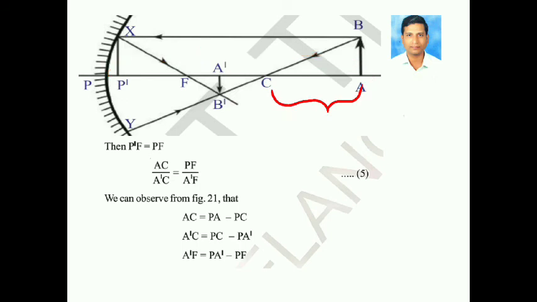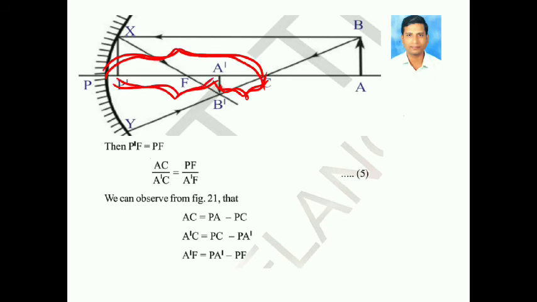Similarly, A dash C is equal to PC minus PA dash. And A dash F is equal to PA dash minus PF.